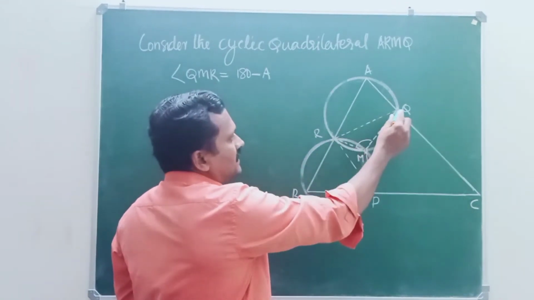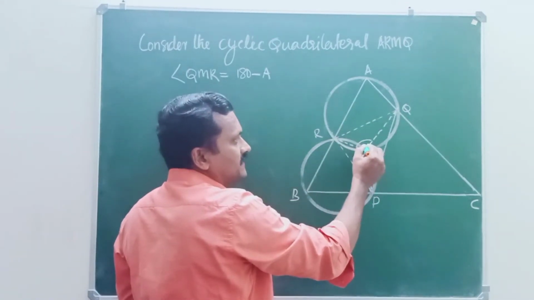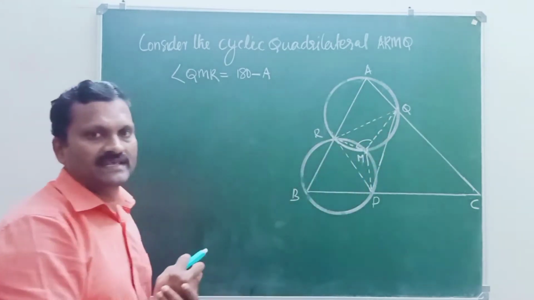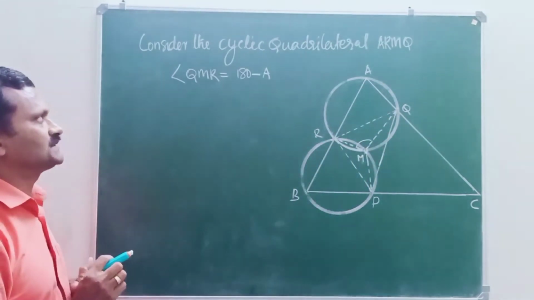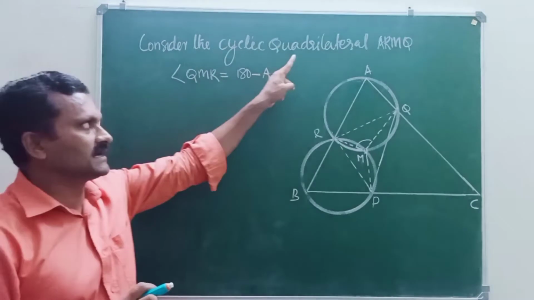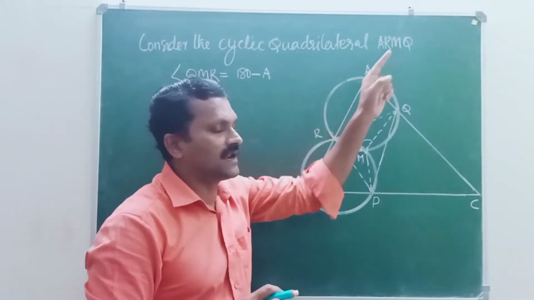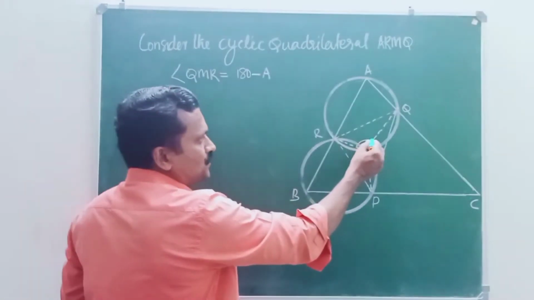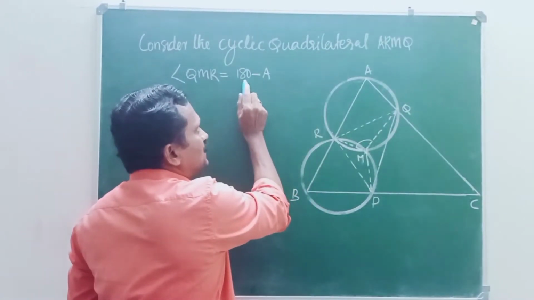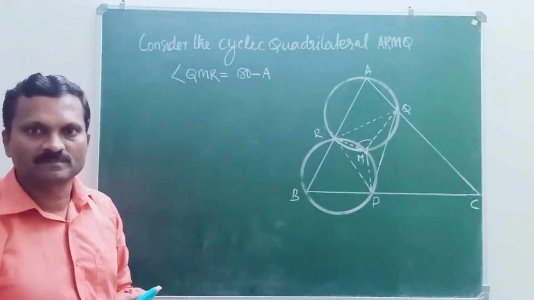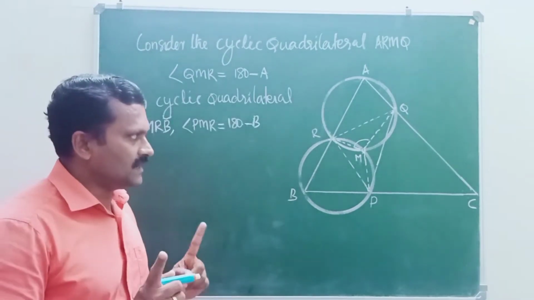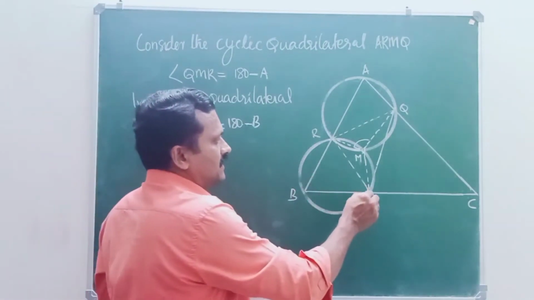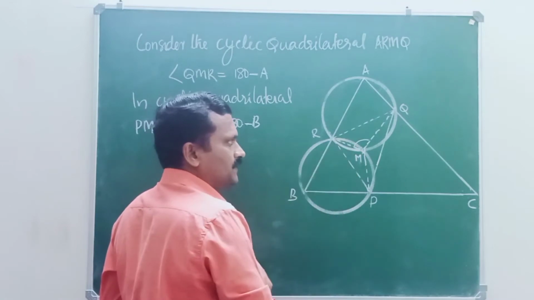So the angle QMR is equal to 180 minus A. That is the first point. Consider the cyclic quadrilateral ARMQ: angle QMR equals 180 minus A. The other cyclic quadrilateral is PMRB.